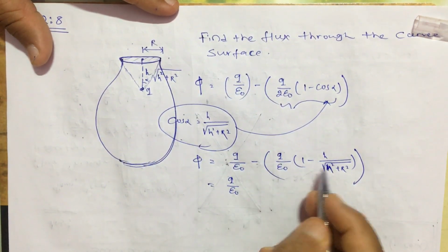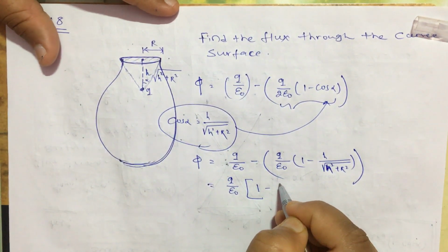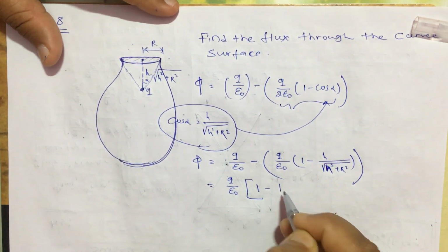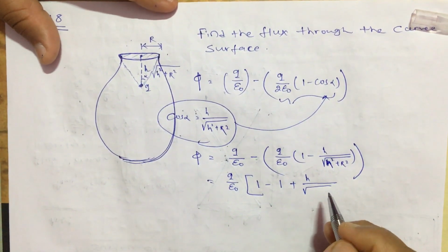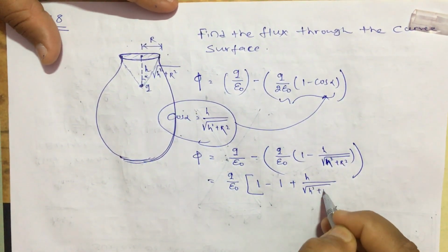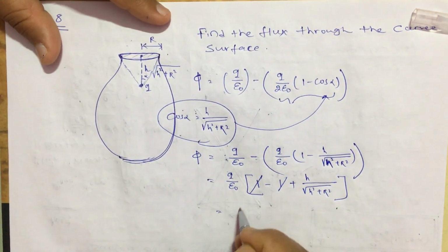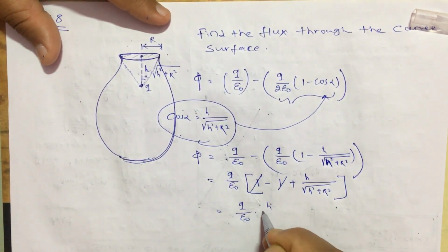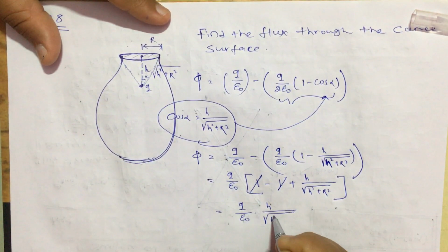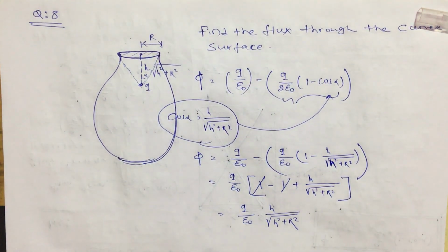If you take common from both, then it will be 1 minus 1 plus h by root over h square plus r square, and if they cancel out, the answer is q by epsilon naught into h by root over h square plus r square. Is it clear how to do?